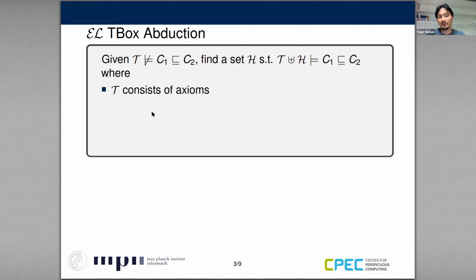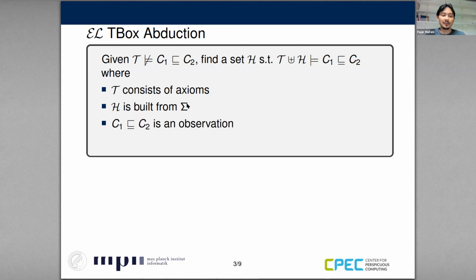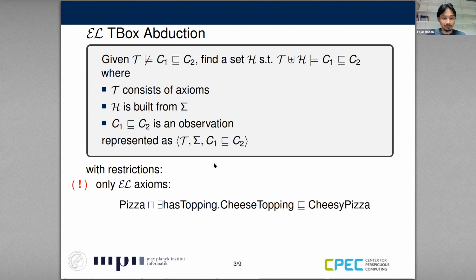Here, T simply consists of axioms. H is built from some predefined signature, so you can see this as a signature restriction. And C1 is a C2 is, as I said, the observation. We represent this as the following triple.